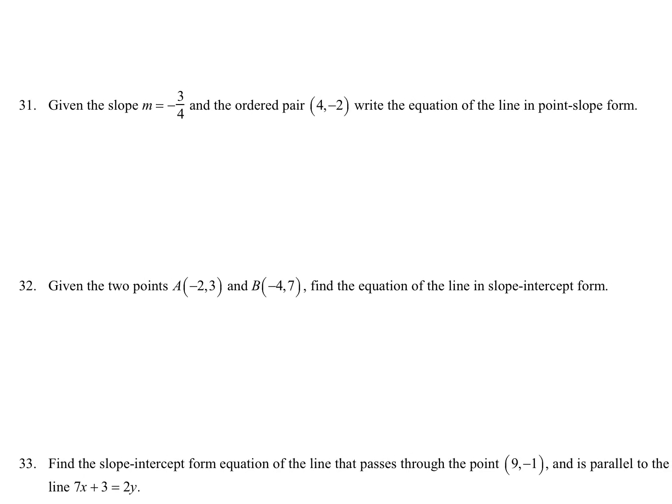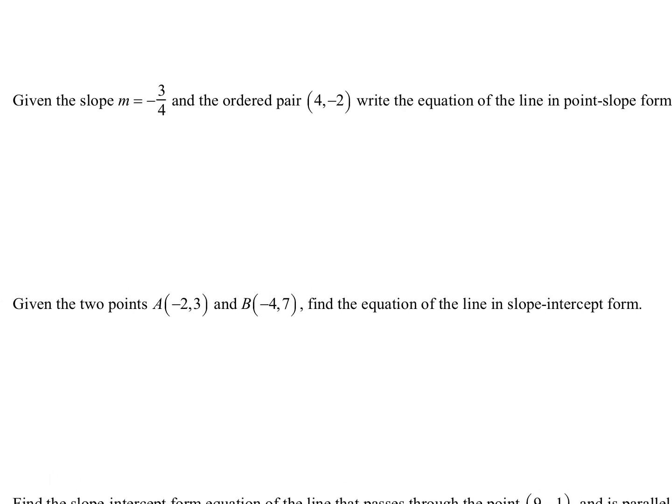For 31, you're given the slope of negative 3/4 with the ordered pair 4, negative 2, and writing the equation of the line in point slope form. Remember, point slope form is y minus y1 is equal to m times x minus x1. Your x1 is going to be 4, y1 is going to be negative 2, m is the negative 3/4.